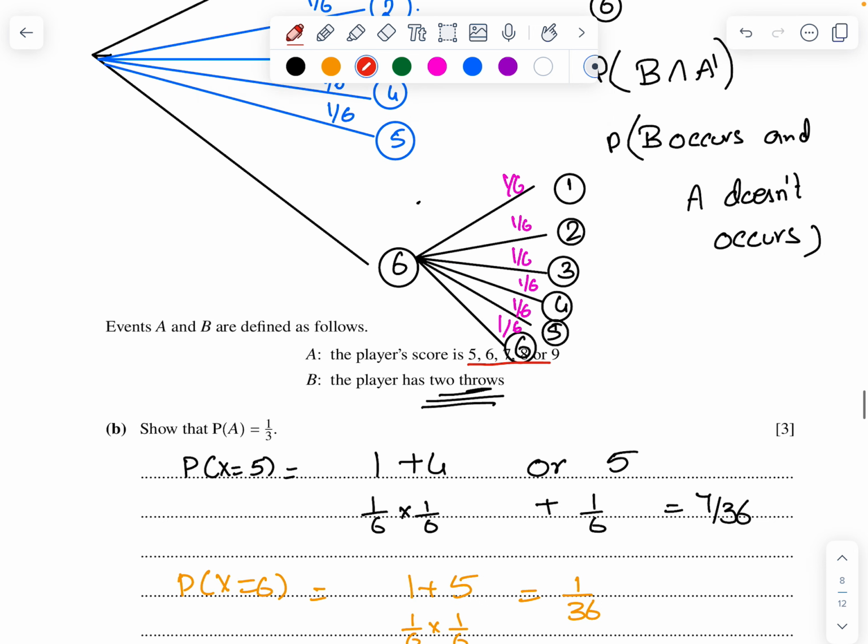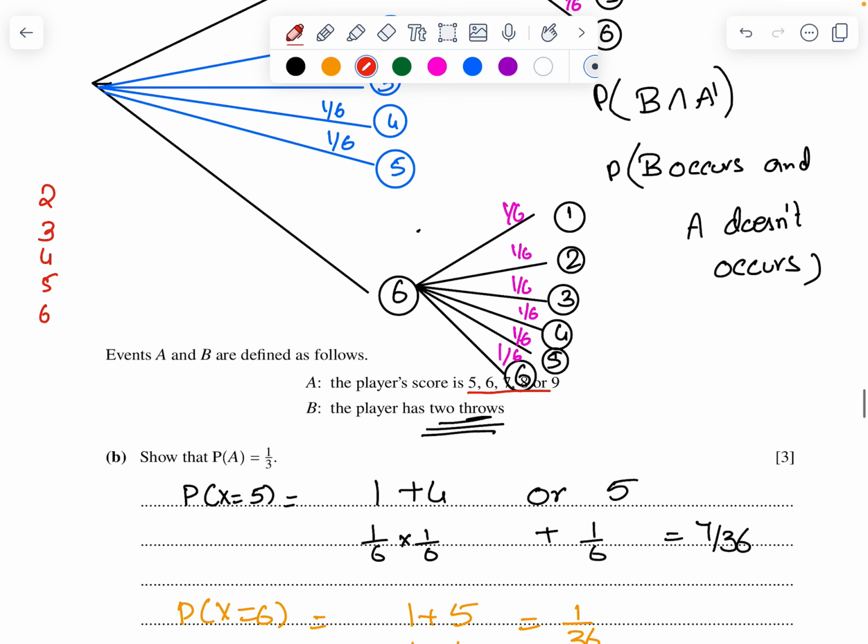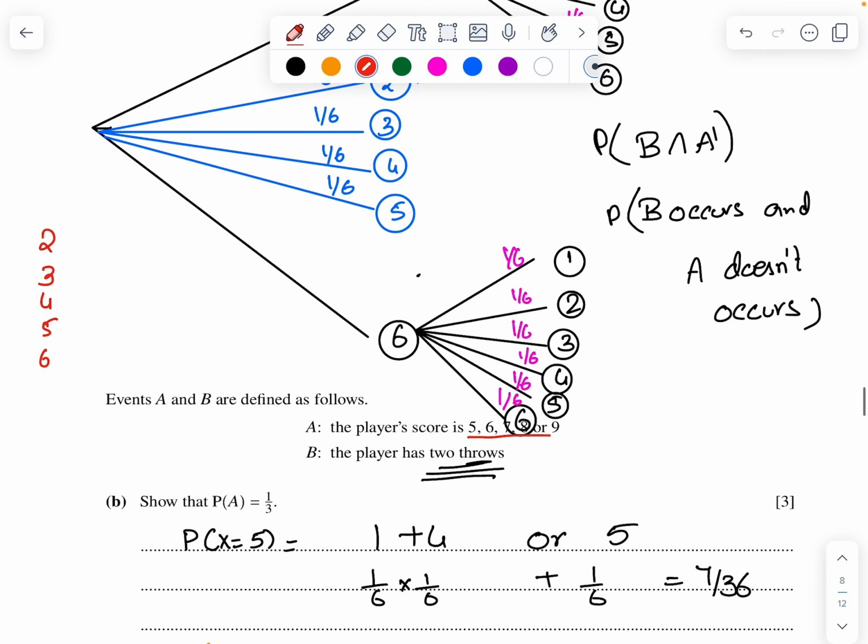So basically what can the sums be? Sums can be 2, 3, 4, 5, 6, 7, 8, 9. Then I can get 10, 11, 12. These are the total numbers I can get.